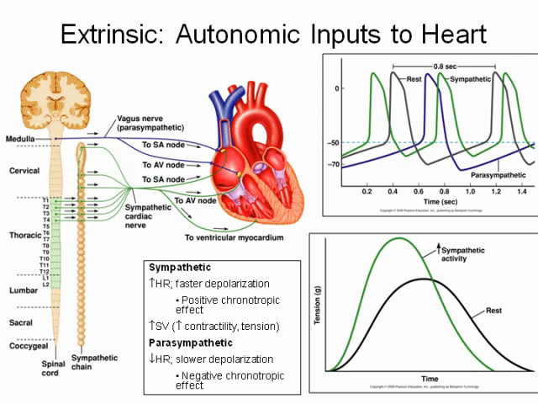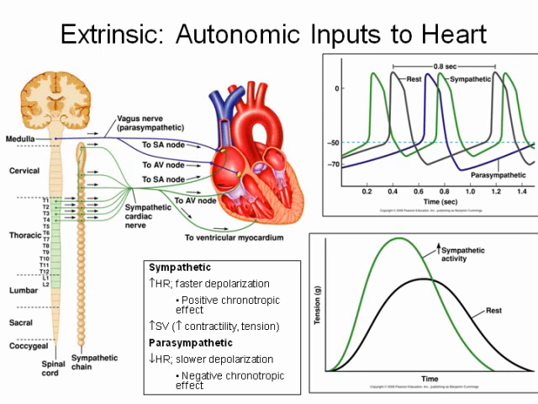Extrinsic control, autonomic inputs. You have the sympathetic and the parasympathetic input to the heart. If you have here this tracing referring to your SA node pacemaker potential, and this is what's happening at rest.